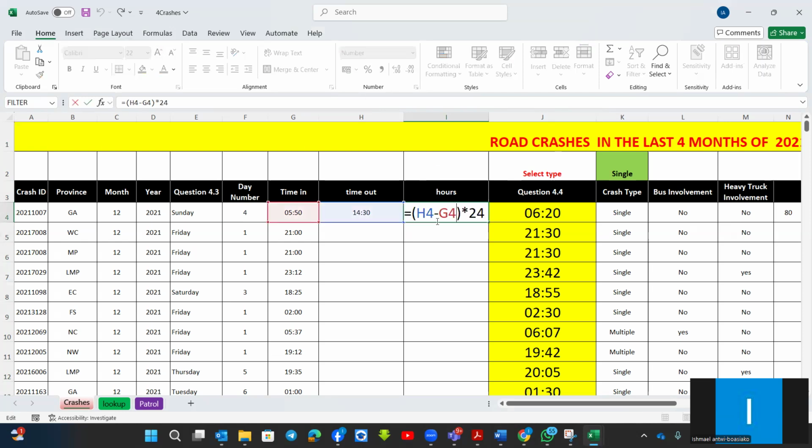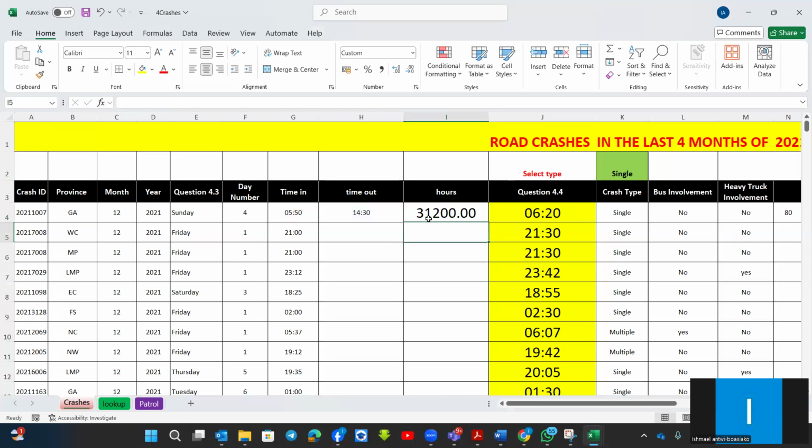Don't forget to put the bracket, because otherwise the BODMAS rule is going to multiply 24 before it subtracts. Right. So this is how we calculate the hours. If they are talking about minutes, the same thing, you just say times 24 times 60. If they are talking about seconds, times 24 times 60 times 60 as well.